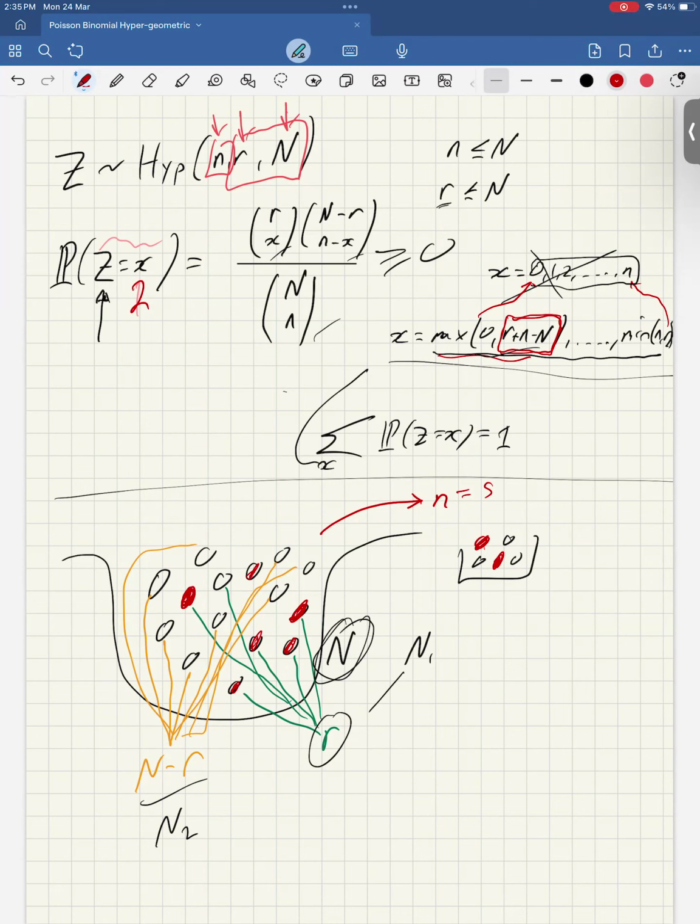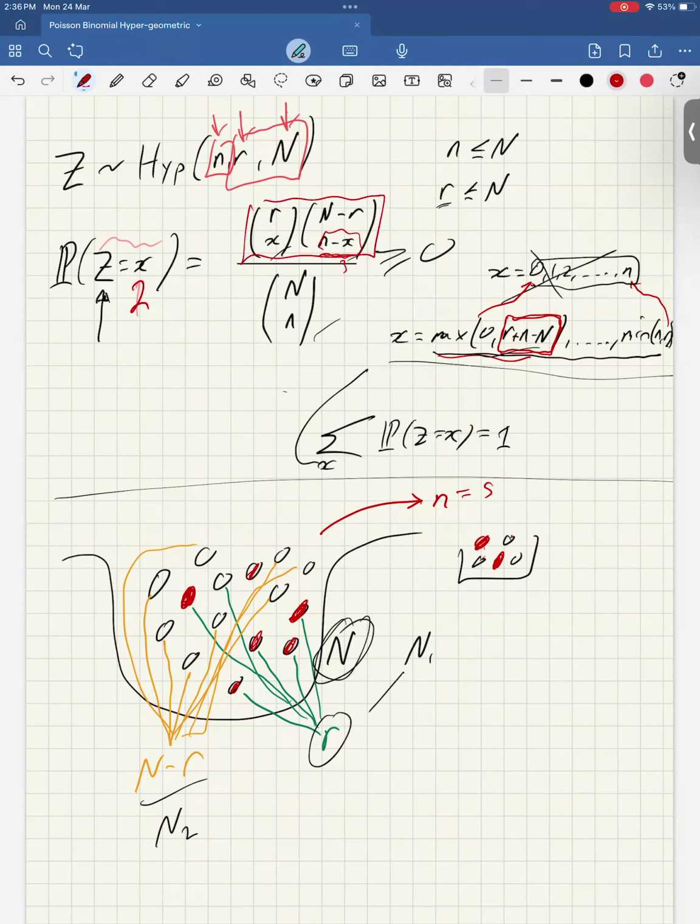Well, we'd need to choose from the R good ones, what are those 2 that we chose? And then from the remainder, the not good ones, capital N minus R, remember this is a parameter that can also be N2 if you'd like. Then this one would have been N1, and this one would have been N1 plus N2, if you do that parameterization. So from that number, we need N minus X, this would be our 3 bad ones, the 3 that you don't choose.